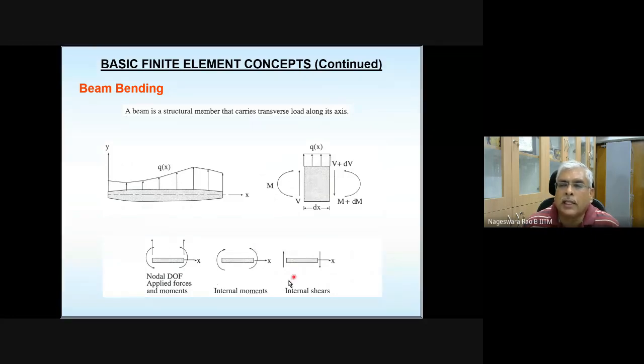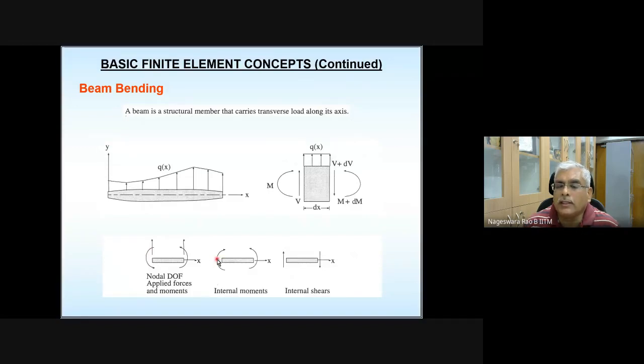Internal shear at the left end should be directed in the upward direction. At the right end, shear should be directed in the downward direction. So now you can see what is the relation between this and this. Here, if the applied moment is acting like this, it's going to be negative of this one.